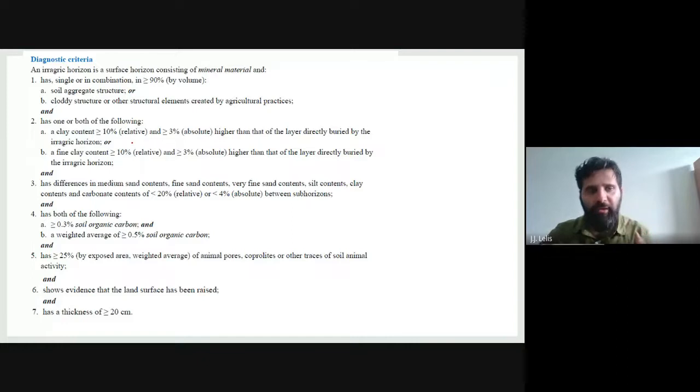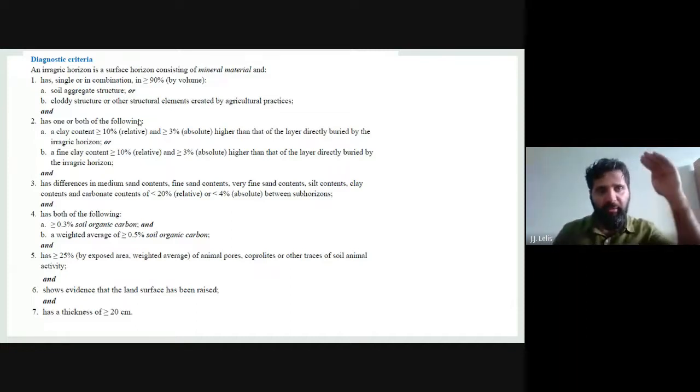We should present the data, the texture of the overlying material. So in this exercise, we couldn't say if this horizon follows all these criteria. So we just skip this horizon in this case because we don't have the data of the overlying horizon, okay?